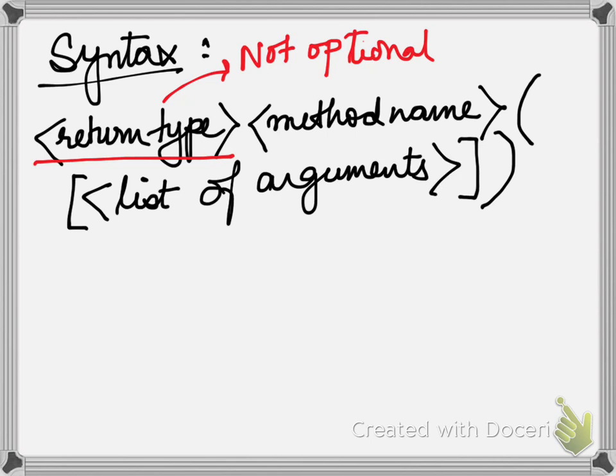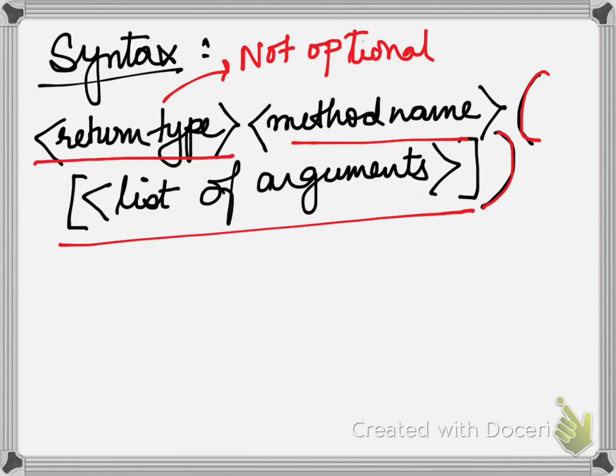So we'll come to this in a while. This is followed by the name of a method. Every method inside a program has to have a unique name. And then within these parentheses, I have an optional list of arguments. So this is nothing but the inputs that we give to our method.